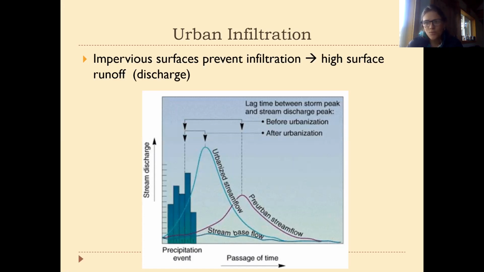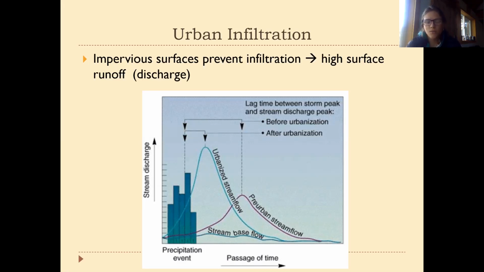So basically, as we cover up soil surfaces and pave areas to make roads, sidewalks, driveways, to build homes, we get rid of our macropores, we get rid of the ability of the ground to absorb the water.